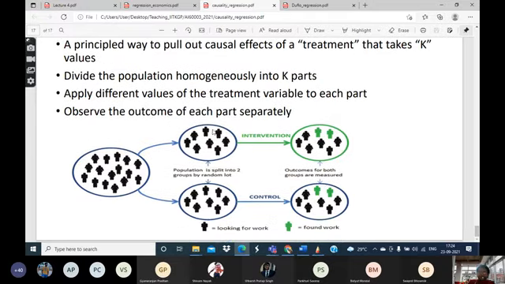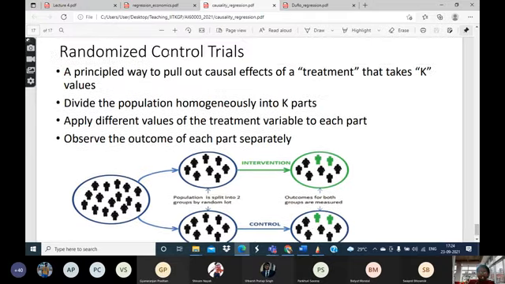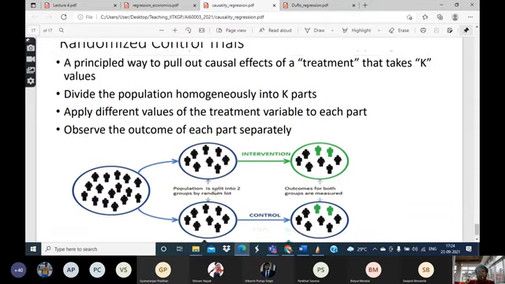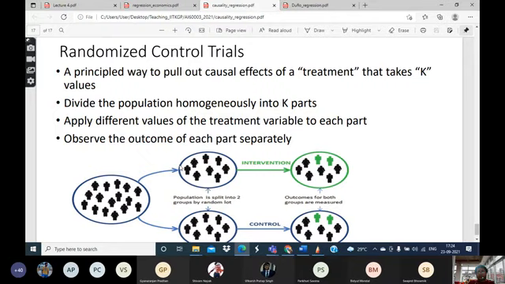Why randomized? Because we divide the people into groups randomly. It has to be absolutely randomized, so that there is not even any kind of bias which suggests that one of the groups is different from the other groups. So this is basically known as the randomized control trial.